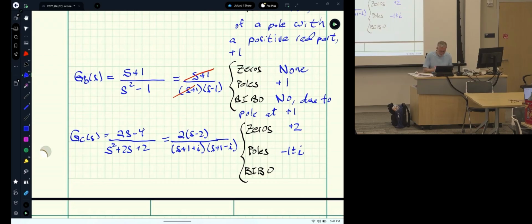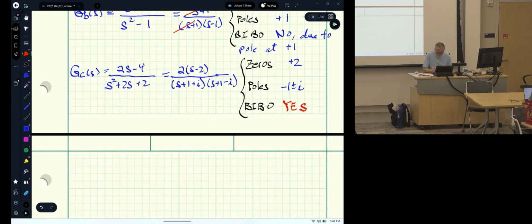So it's BIBO stable. Yes. Real part of -1 plus or minus I equals -1, less than 0. Okay? So that's how you check stability.